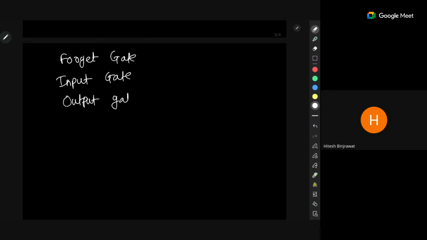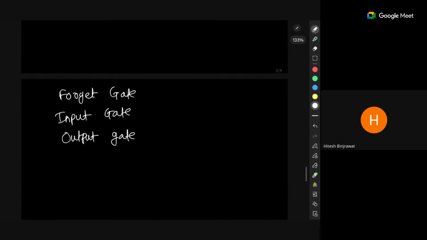Now, what they do in LSTM is there are three kinds of gates. One is the forget gate, one is the input gate, and another is the output gate. So there are three types of gates we'll build, and we'll see how this vanishing gradient problem is solved by this.